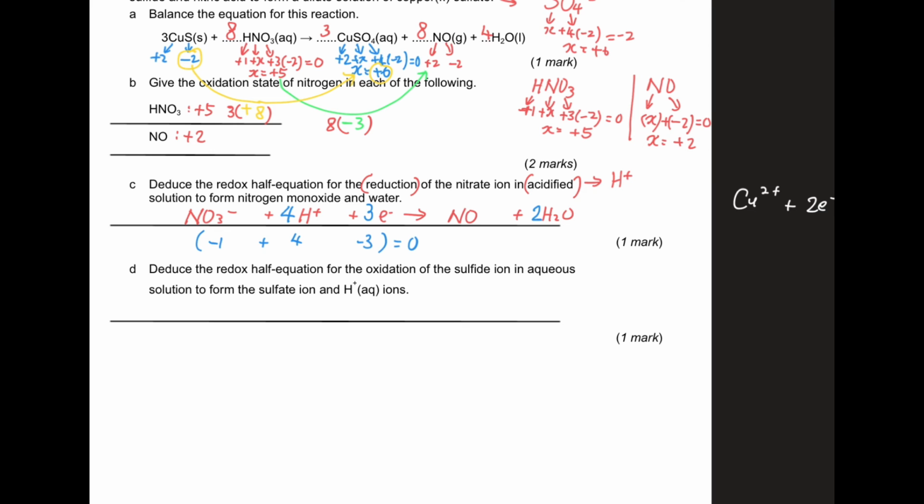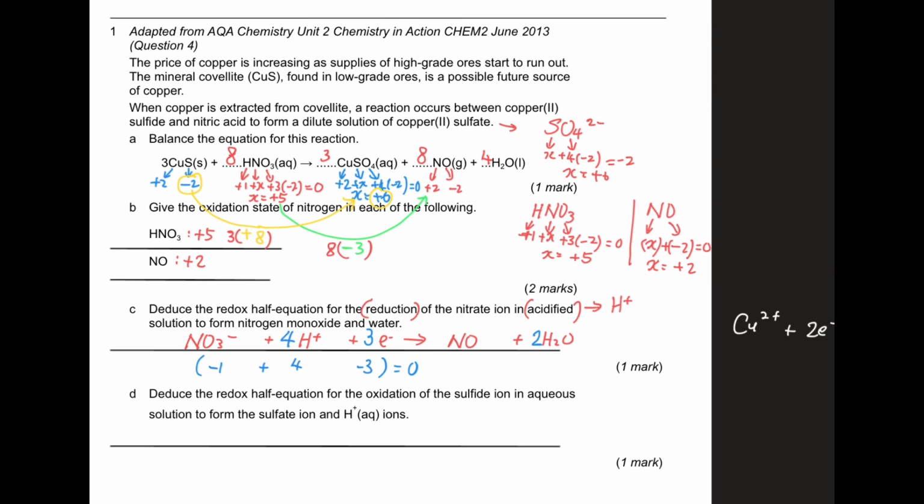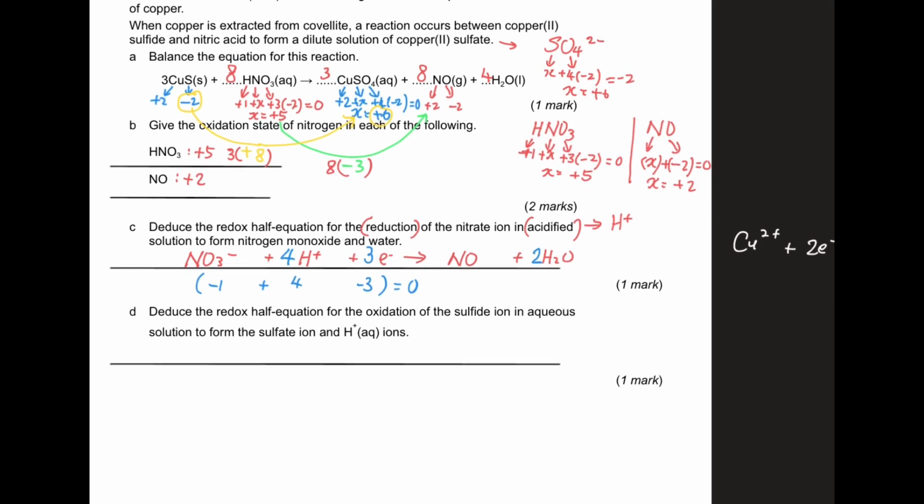Okay, so sulfide ion is the S here. So it's S2 minus. If you can see the equation here, we already decided the oxidation number is negative 2. So sulfide ion is S2 minus. So I write down first.